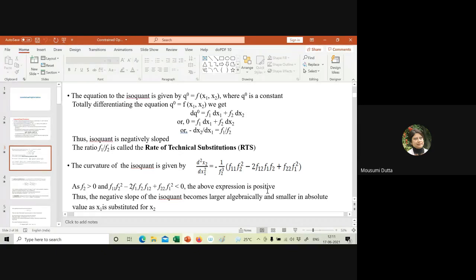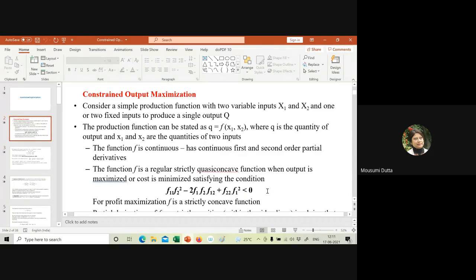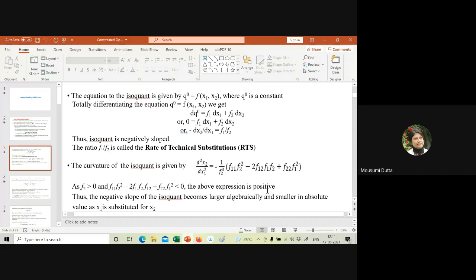The same thing, if you did it, you know this will be the expression, as f2 is greater than 0 and this f11, f2 square, etc. This part is negative by the quasi-concavity condition. The above expression is positive. I am considering f2 within the boundary of the ridge line, therefore it is positive.